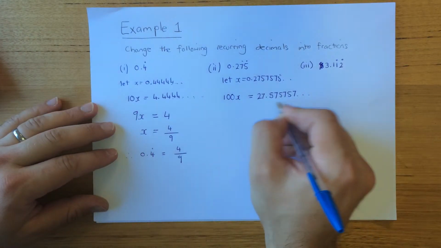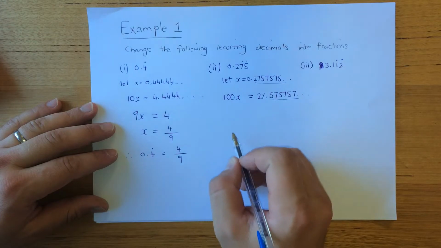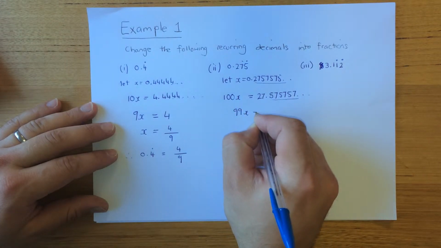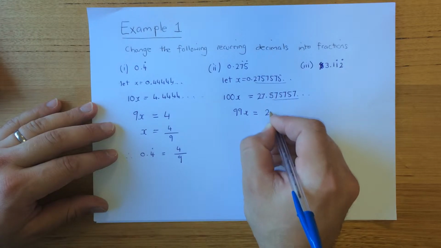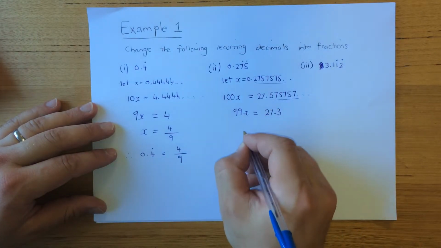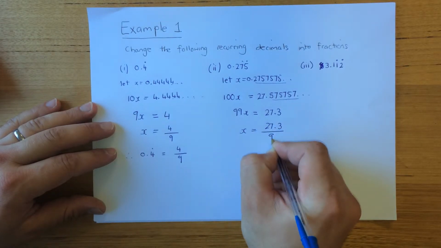Now, if I subtract this from this, don't forget the same number of decimal places on your calculator, you'll notice you get 99x equals 27.3. That's what you get on your calculator. Now, obviously x equals 27.3 over 99.